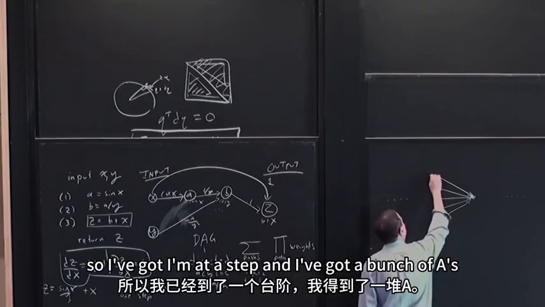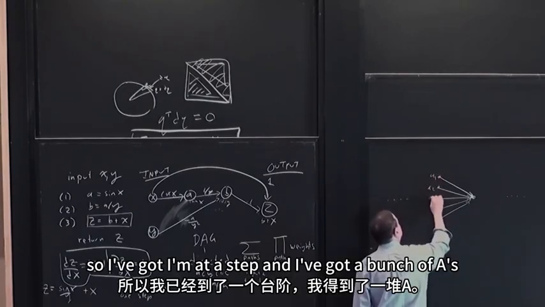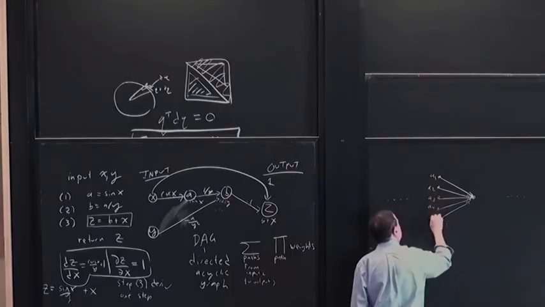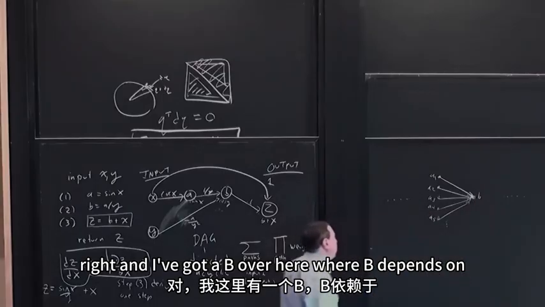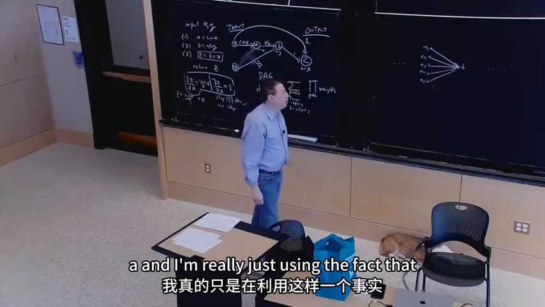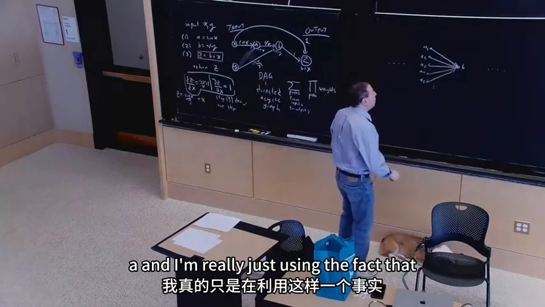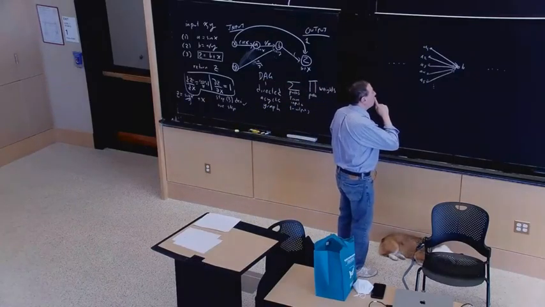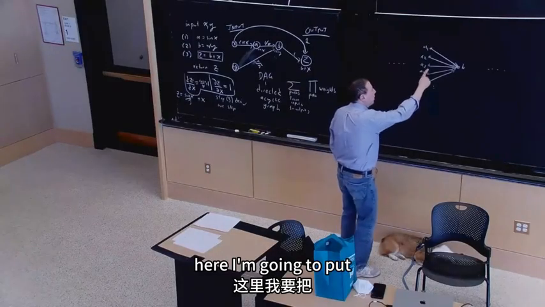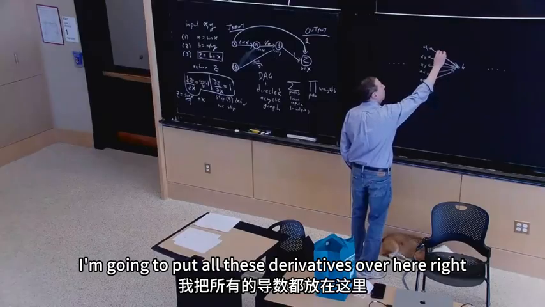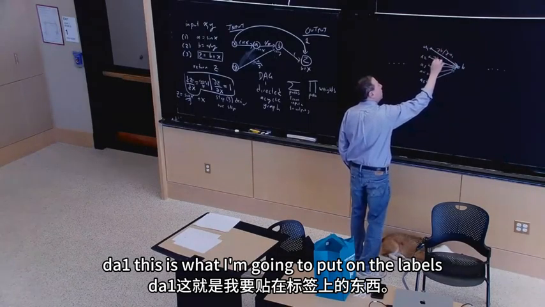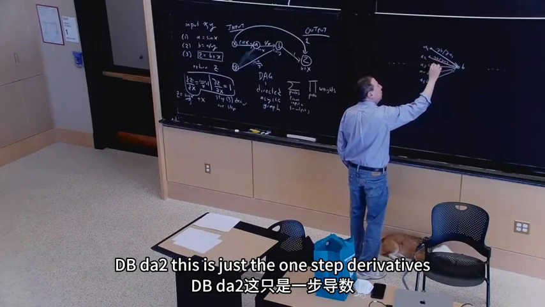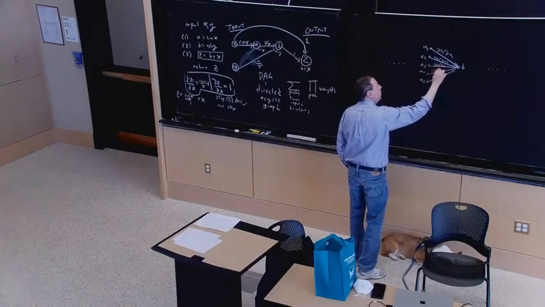So I'm at a step, and I've got a bunch of a's, and I've got a b over here, where b depends on a. Here I'm going to put all these derivatives: db dA1, dB dA2. This is what I'm going to put on the labels. These are just the one-step derivatives.